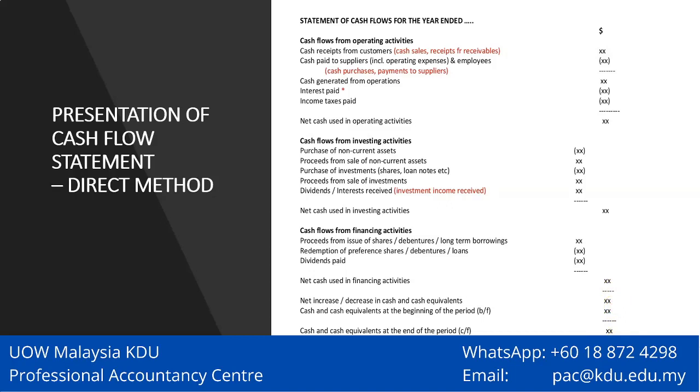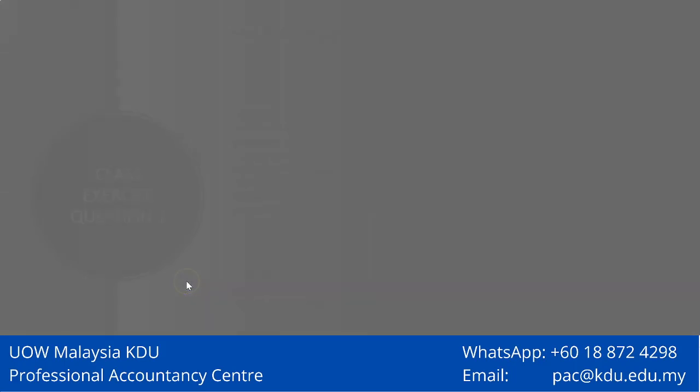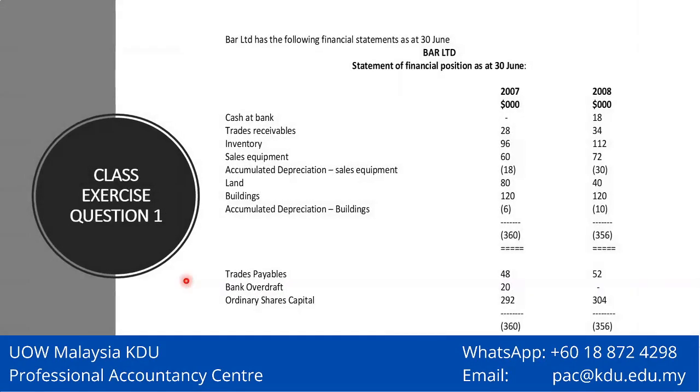So now we're going to look at a question using the direct method of preparing statement of cash flows. This is question 1 in your class exercise. Now, Bar Limited has the following financial statements as at 30th June.